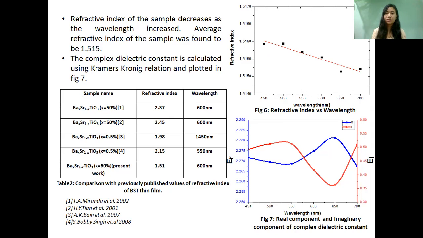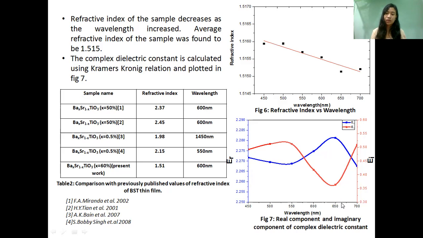And the complex dielectric constant is also calculated using the Kramers-Kronig relation, and the real part and the imaginary part of the complex dielectric constant as a function of wavelength is plotted in figure number 7. From this plot, we can see that the imaginary part decreases when the real part increases.